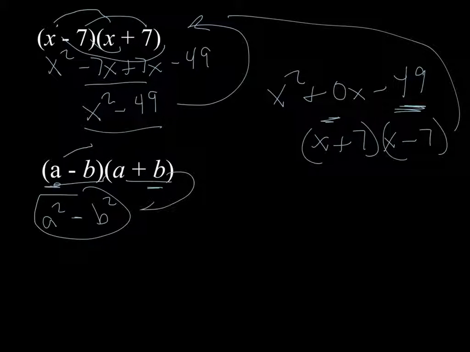So this goes to this, which means when you go backwards, if you have a perfect square minus a perfect square, you can factor it back to the square root of the first term minus the square root of the last term, and the square root of the first term plus the square root of the second term. So let's look at some examples of that.